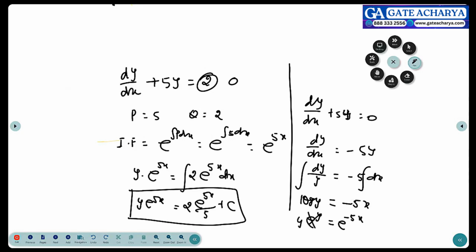E power log y is y, so y is equal to e power minus 5x. If we add plus c here, then taking log on both sides, the c is added there. Okay, so you get this.